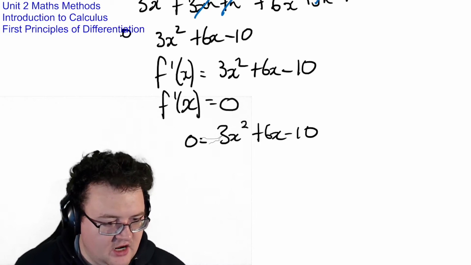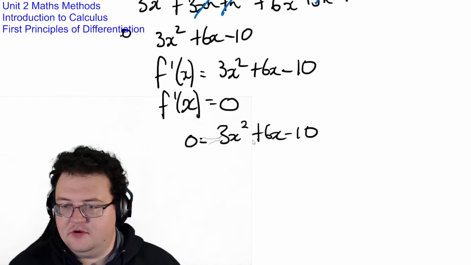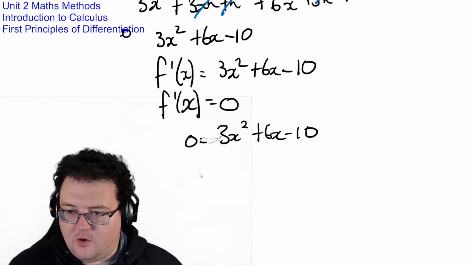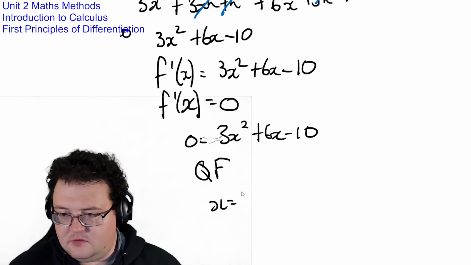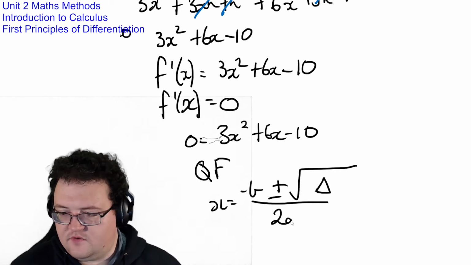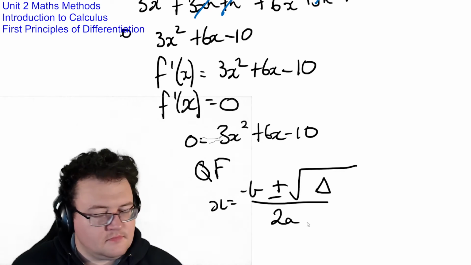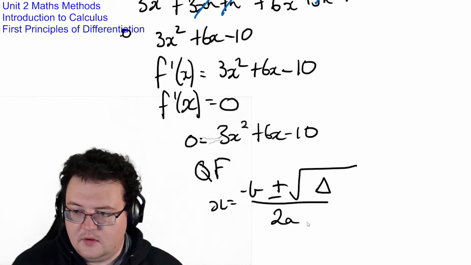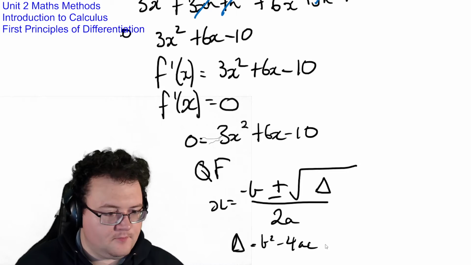Can you use the equation? Yeah, you'll need to be more specific than that. You can use the equation. And that equation is the quadratic formula. x equals negative b plus or minus the square root of delta, divided by 2a. And delta is, of course, b squared minus 4ac.